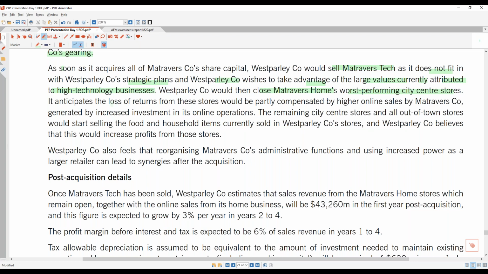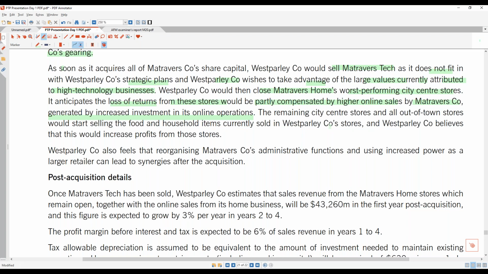It anticipates that the loss of returns from these stores would be partly compensated by higher online sales by Matt Travers, generated by increased investment in online operations. So first of all, develop the mindset that they will shut down the worst performing city center stores and focus on online business, considering that customers will shift online.